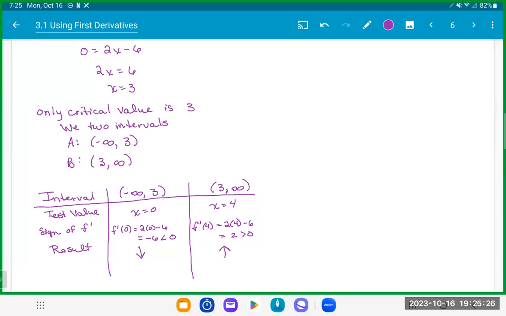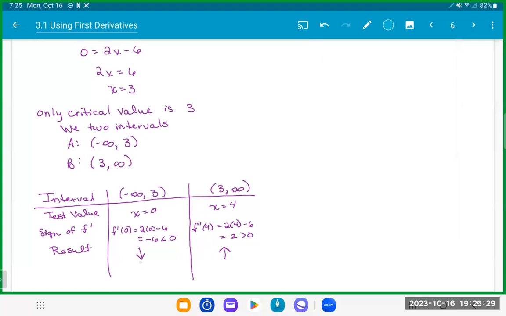Okay. So, and we can see that if we kind of were to connect these dots right here like that, right? We see this and we can see that that is a minimum. Okay. And so what we want to do now is substitute that 3 back into our original equation to see what that value is, right? So we're going to sub our critical value.